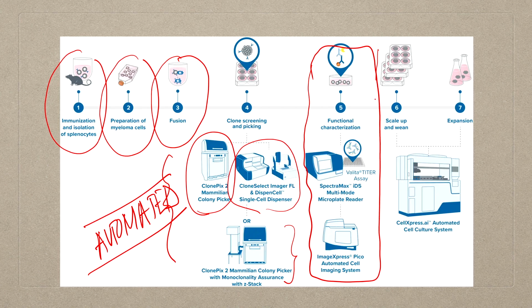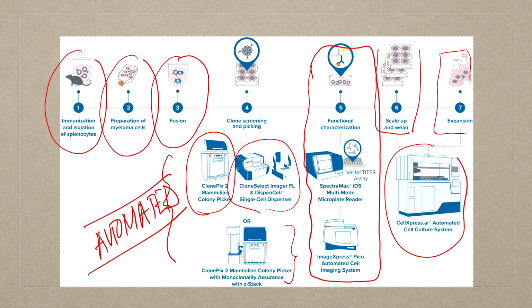And then comes the scaling up. Again, there are a lot of very good quality bioreactors which have been developed, and the expansion using different kinds of multimodal equipment. So, overall, this is a very basic fundamental process.